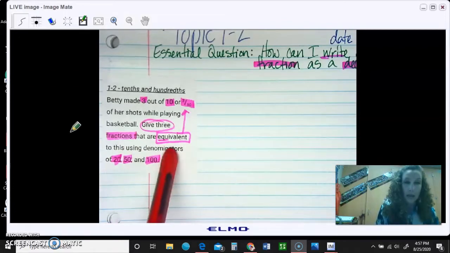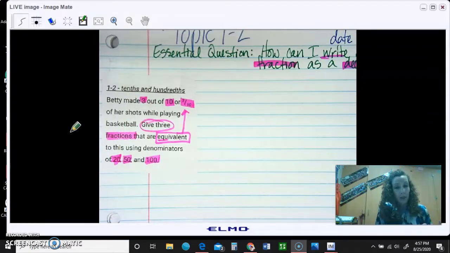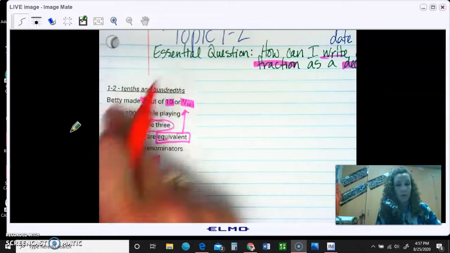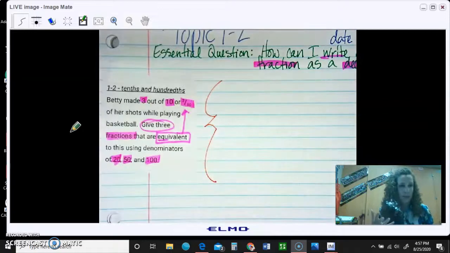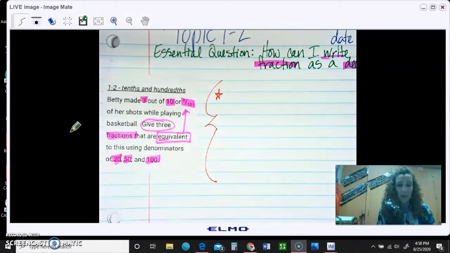So we analyze the word problem. Now we're going to break it down. The way we break it down is we have to pull over all this important information into a brace map. Kind of organizes it so it's easier to see. So the first thing is, hey, this is what I'm being asked to do.